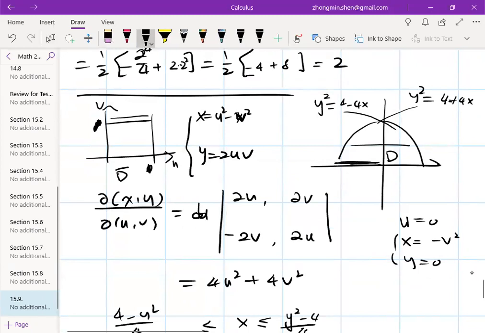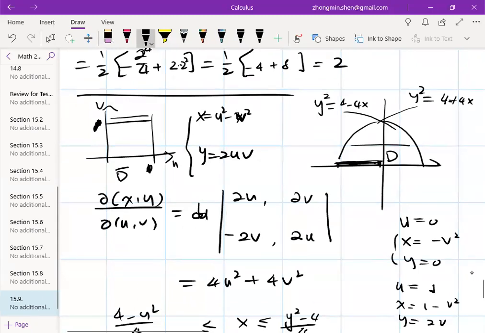this part, okay? Then when u equals 1, x is going to be 1 minus v squared, and y equals 2v.